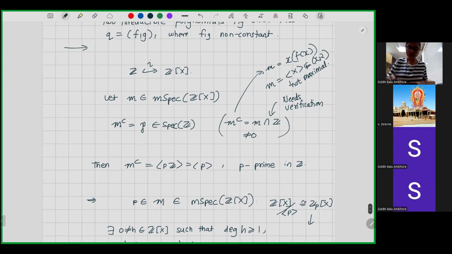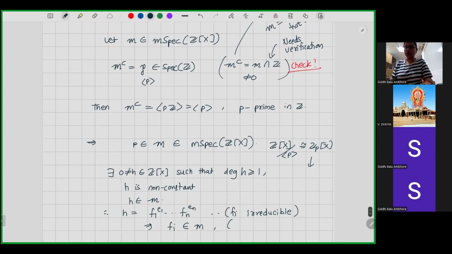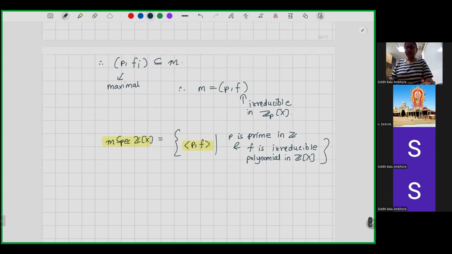Please check this one that I'm writing: the contraction of a maximal ideal from Zx will always be some prime ideal, generated by P, or it will always be a non-zero ideal. But why will it always be non-zero? You have to check that, because anyway we know that maximal ideals of Zx are of this form, so it has to be some prime.